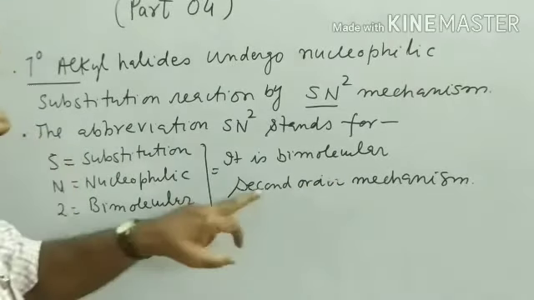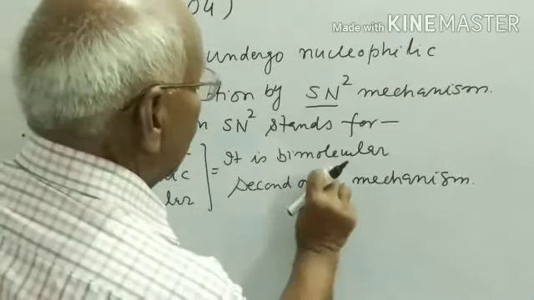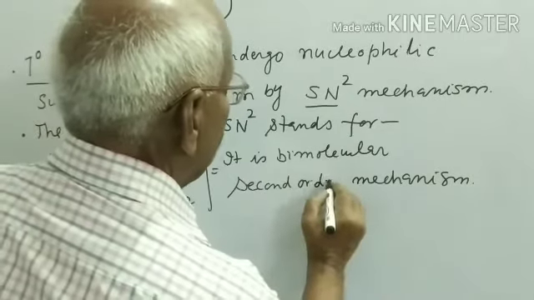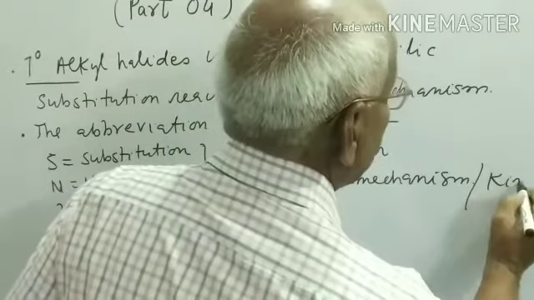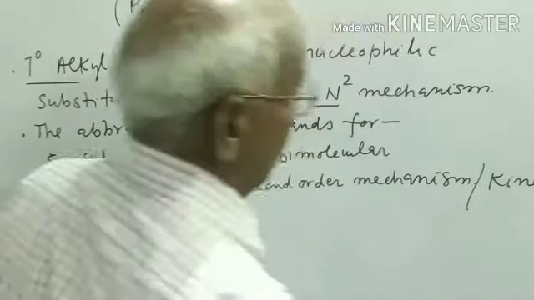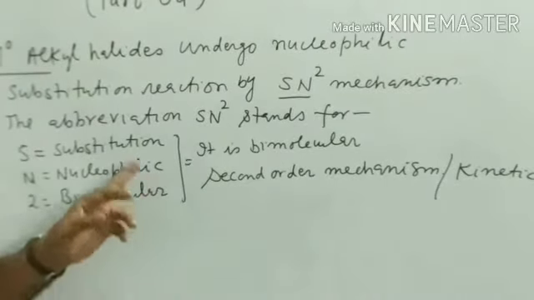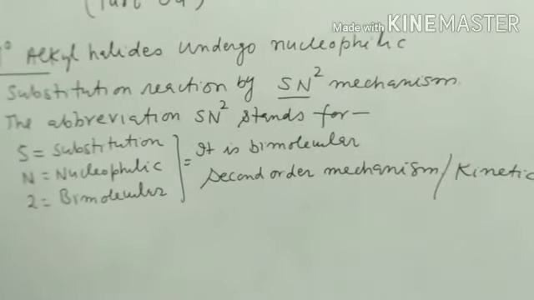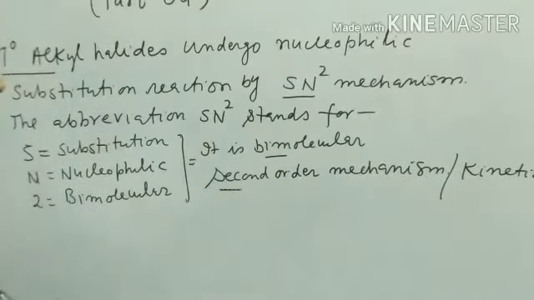So, it is second order, or second order kinetics. You will see ahead, when I write the mechanism, how the mechanism of the reaction is bimolecular and how it is second order.